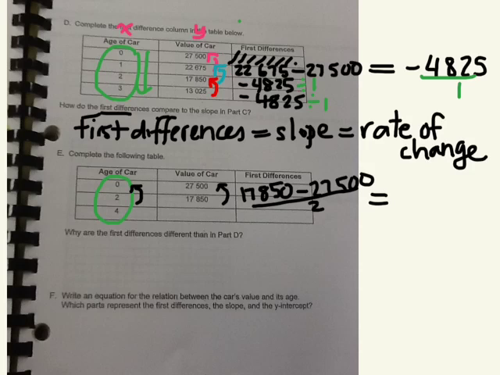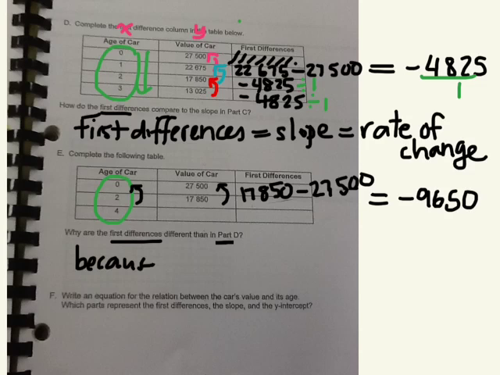Is it going to be something different? 9,000. Okay, so this time the differences are negative 9,650. Why were they different? Because the age of the car is every 2 years.